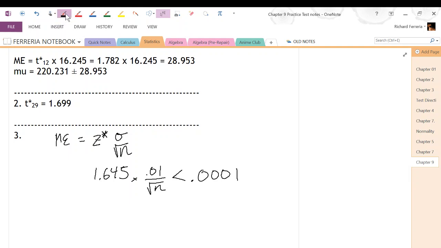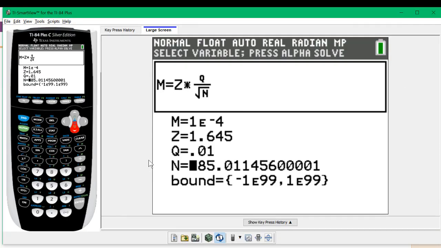1.96 means I have to change this right here. Let's go back to the calculator. Change z to 1.96. Okay, is that value of n a pretty good place to start looking?